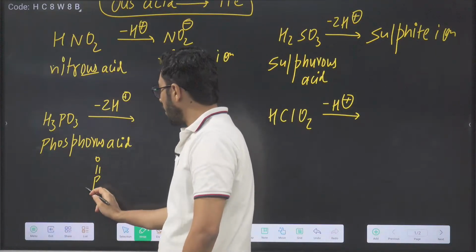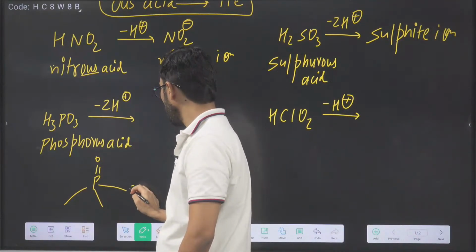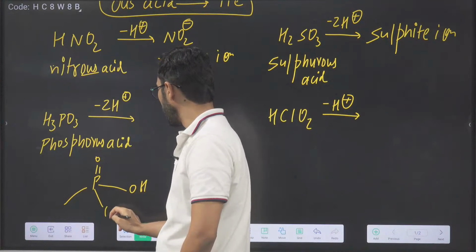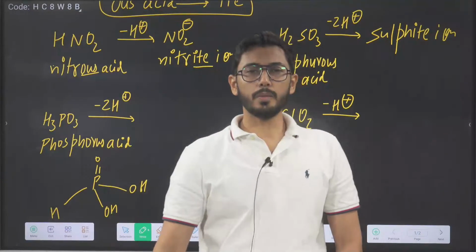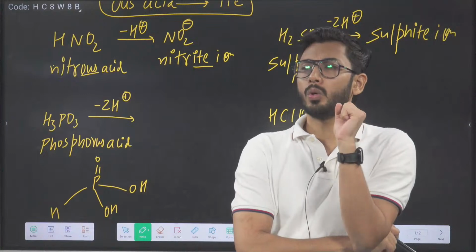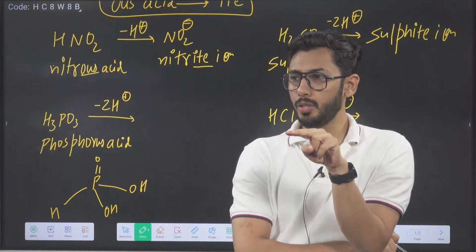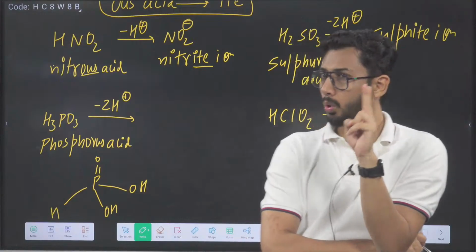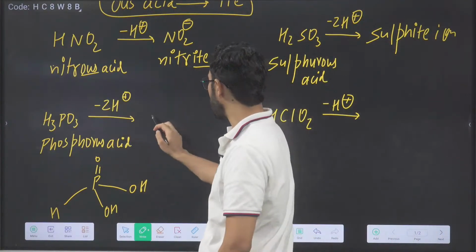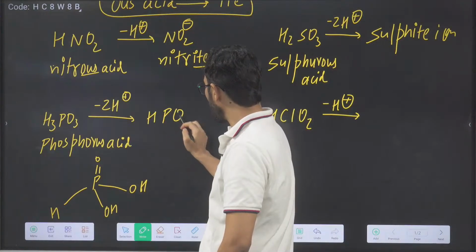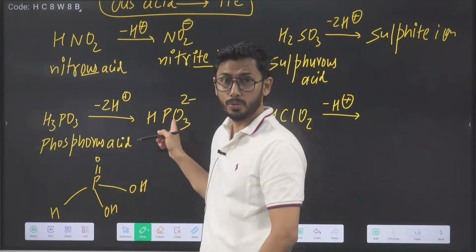P double bond O. Then two oxygens left in single bond, OH, OH, and one H. Now in this H3PO3, how many OH are there? 2. That is the acidic hydrogen which is bonded with oxygen. So how many can leave? 2 H plus can leave, resulting in HPO3 2 minus. We will not form PO3 3 minus.